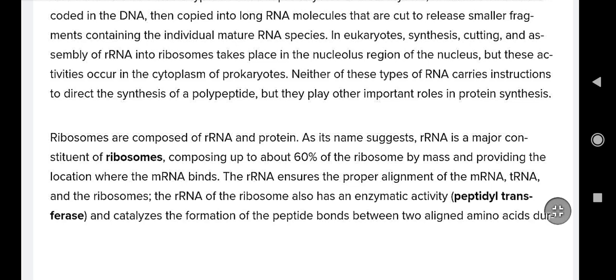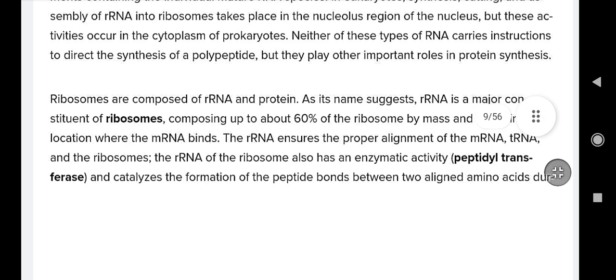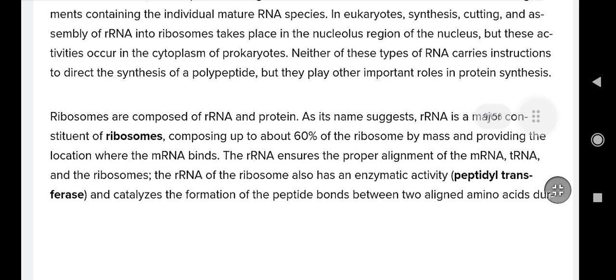And rRNA ensures proper alignment of mRNA, tRNA and ribosomes. So rRNA also interacts with the tRNA during peptide bond formation within the ribosomes. It also has enzymatic activity.